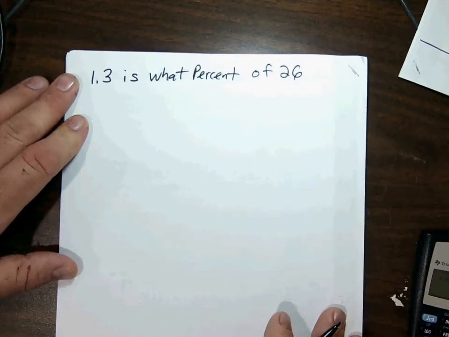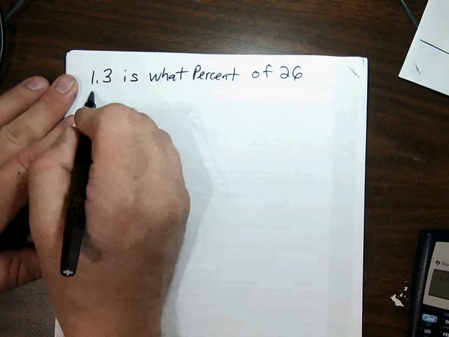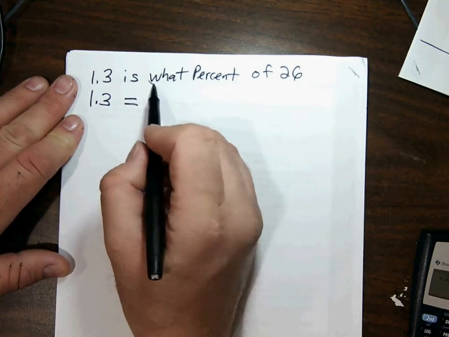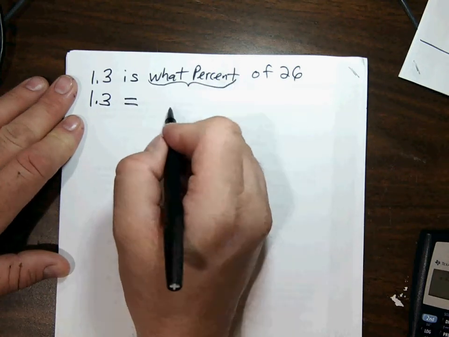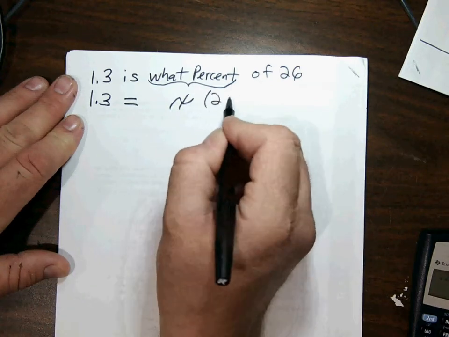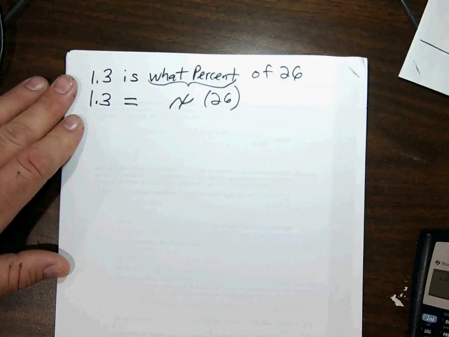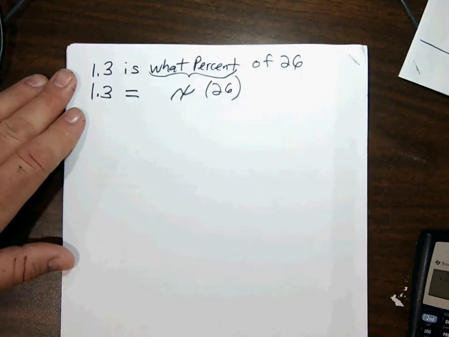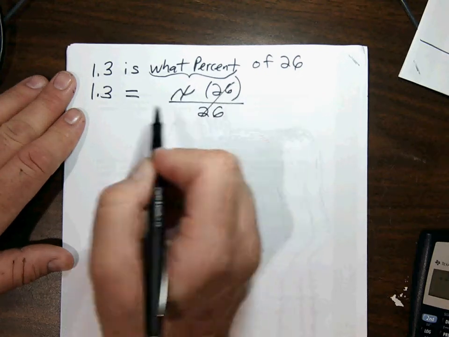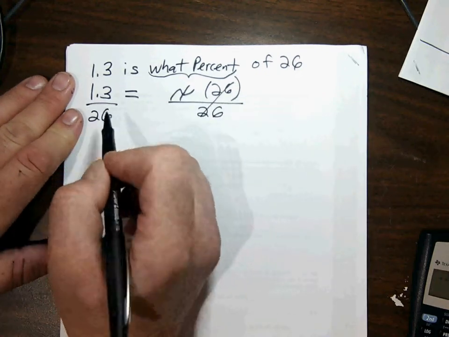Okay, let's translate it into an equation. 1.3 is means equals. In this case, the 2 words together, what percent? That's going to be my unknown x. Of means times 26. 1.3 equals x times 26. How do we solve that? Well, we divide by the number next to x, divide by 26 on both sides.